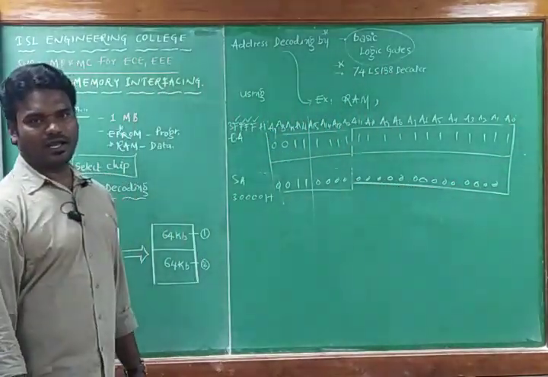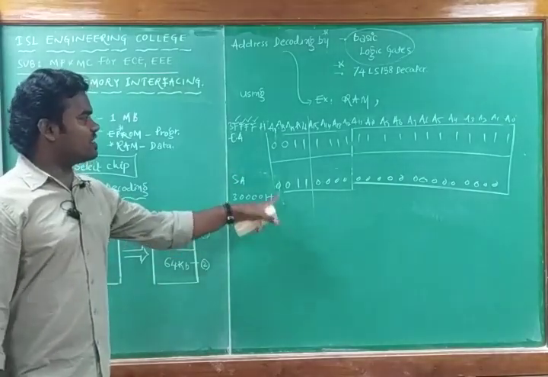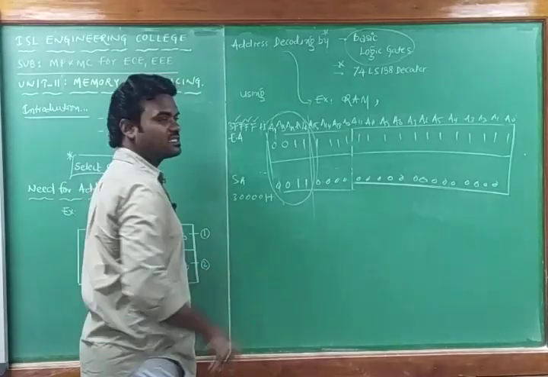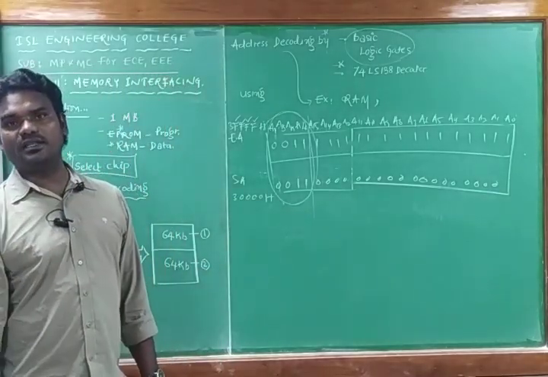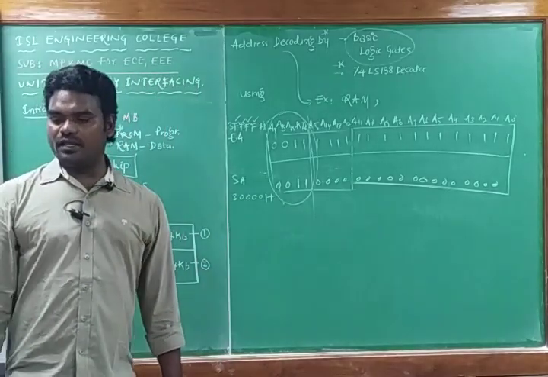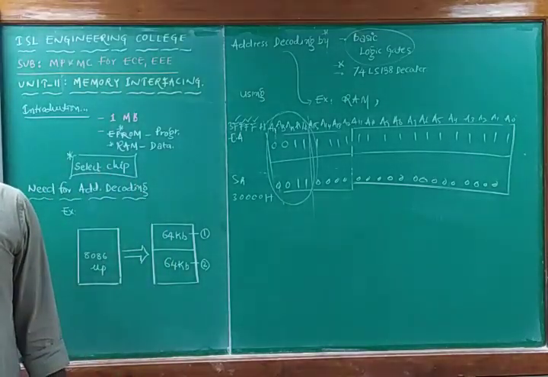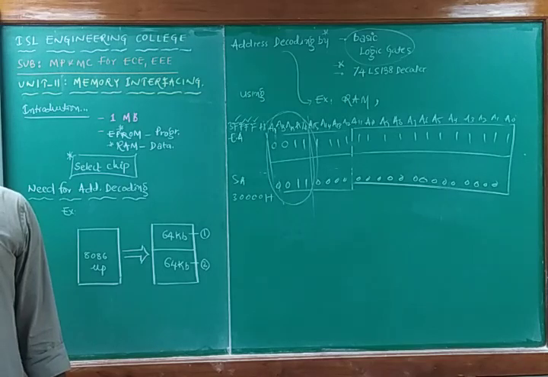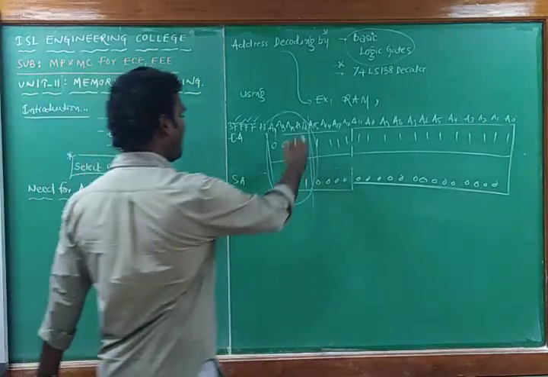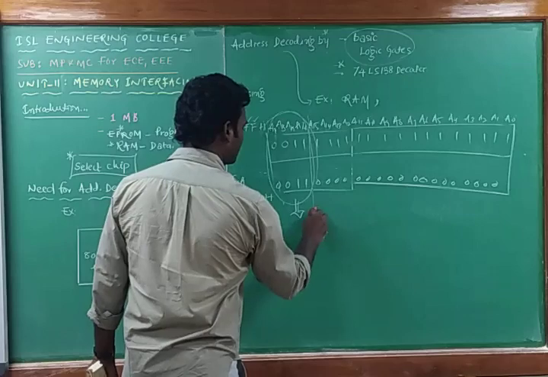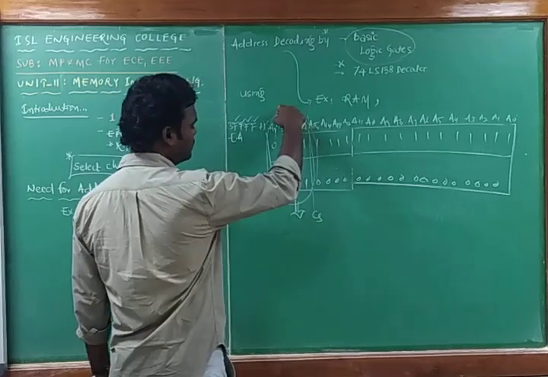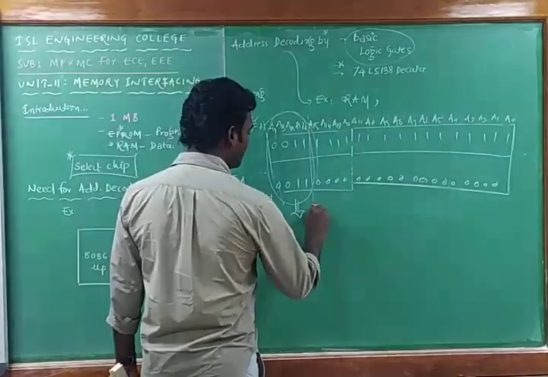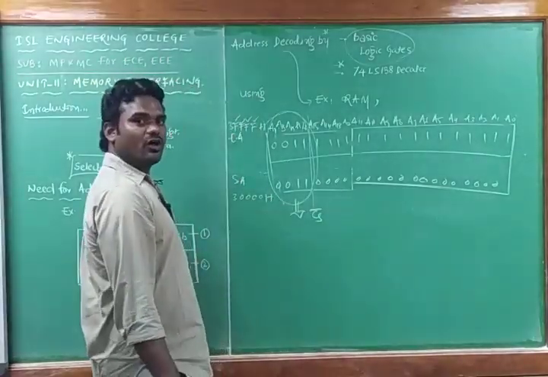Likewise, you can have this one. But we have to decode the unused address lines. Suppose we use a NAND gate as a decoder; then all the inputs need to be high, because this is acting as a chip select. These select the chip, that is the memory device, and chip select is an active low signal.